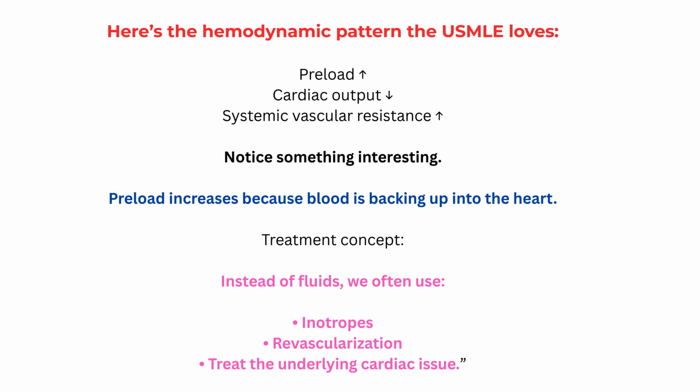Preload up arrow. Cardiac output decreased. Systemic vascular resistance increased. Notice something interesting. Preload increases because blood is backing up into the heart. Treatment concept: instead of fluids, we often use inotropes, revascularization. Treat the underlying cardiac issue.